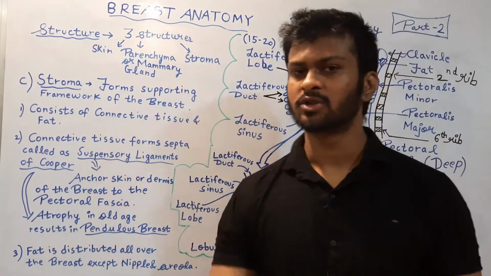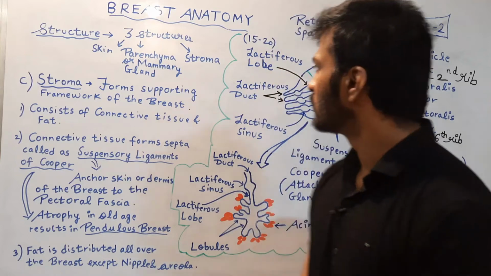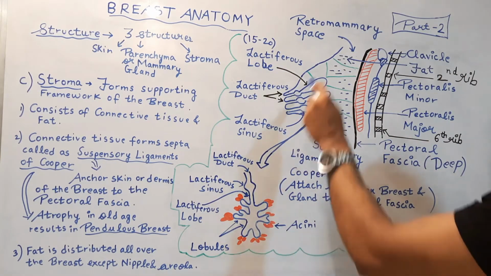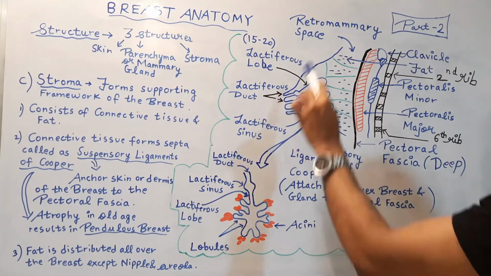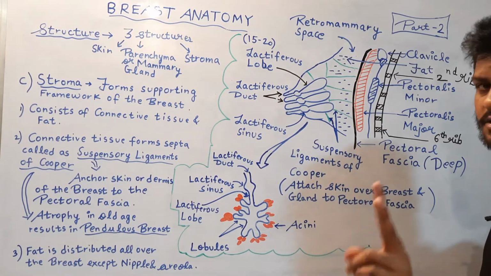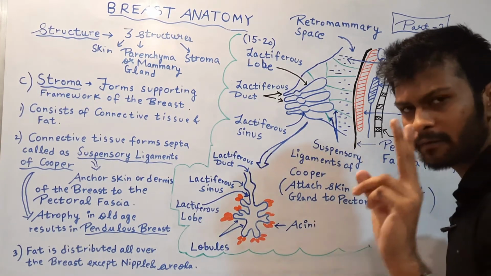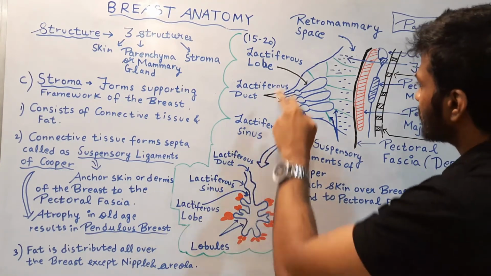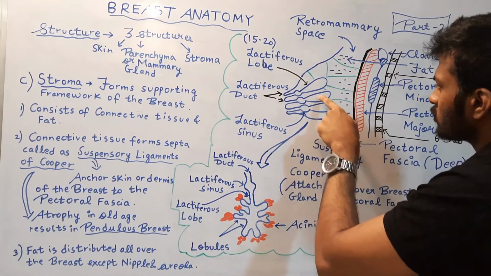So we have discussed the structure of breast in detail. So let us quickly revise it. So this is the breast. The outer covering of the breast is skin. Skin will have two structures, nipple and areola. Both will be devoid of fat and hairs. After skin, we can observe lactiferous lobes.